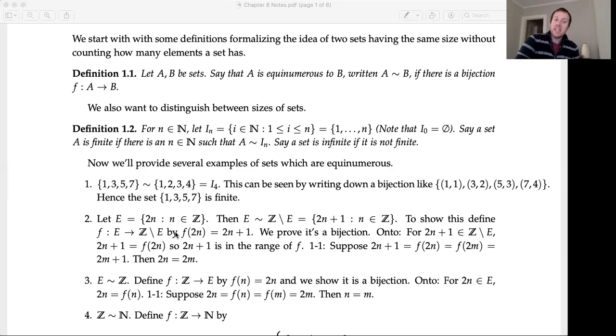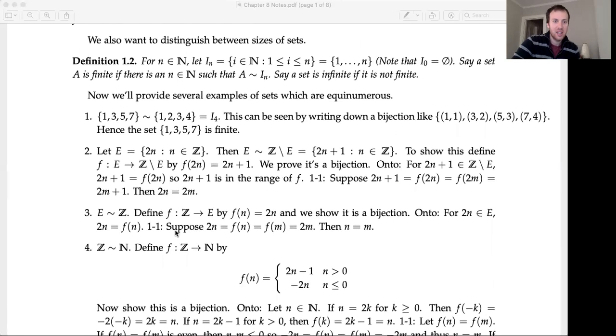What I think is more surprising is the even numbers are equinumerous to the integers. The way that we can do this is we need to define a bijection, let's say from the integers to the even numbers. And what we do is say: take an integer, multiply it by 2, and that takes any integer and assigns it an even number.